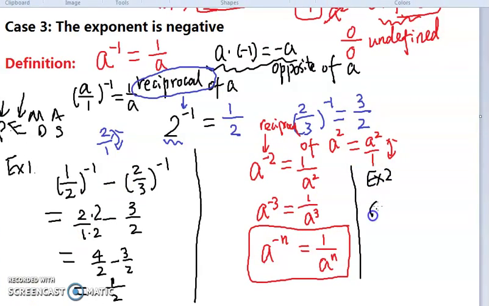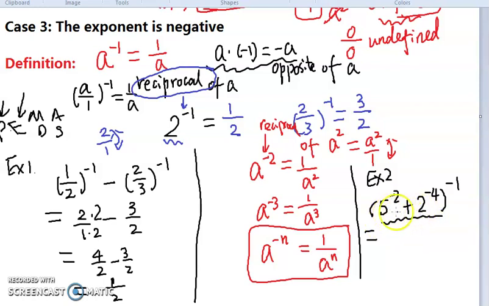We're going to do 5 raised to negative 2 plus 2 raised to the negative 4th power, and then all raised to the negative first. So we're going to follow the order of operations. Parentheses first. So we're going to work out what's inside the parentheses.